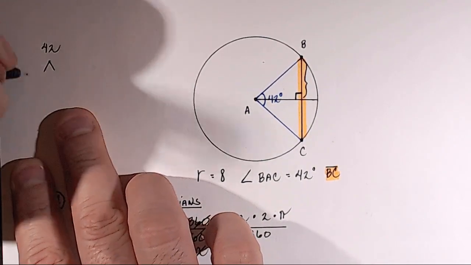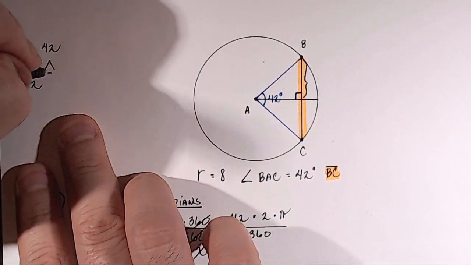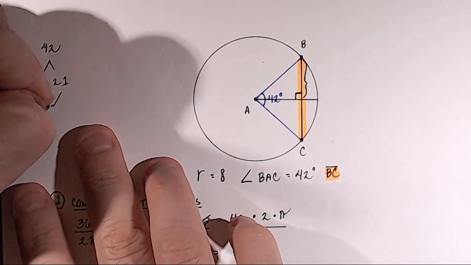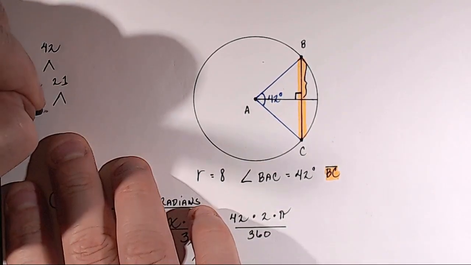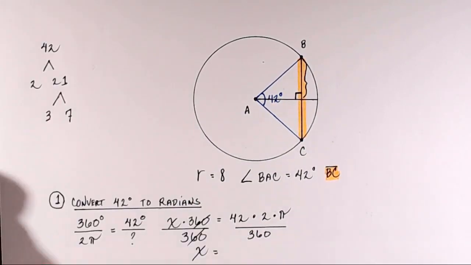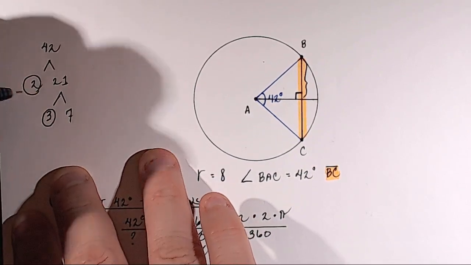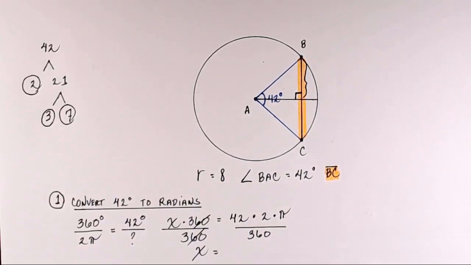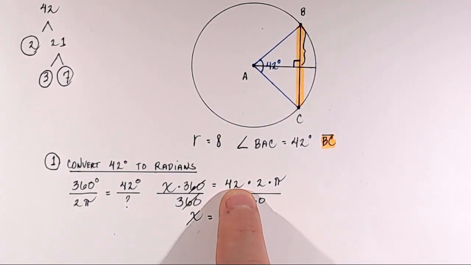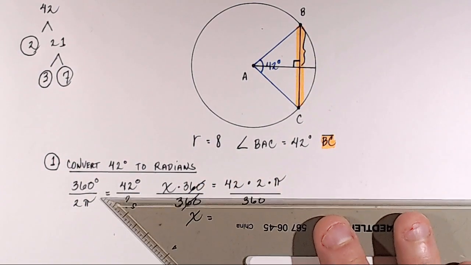42 can be divided by 2. We want to start with the lowest prime factor, so 2 times 21 is 42. Now prime factor 21, which is 3 times 7. Those are both prime numbers, so now we have 2, 3, and 7. I can stick those down here where the 42 was, and then rearrange these terms up here so I've got my 2's together.